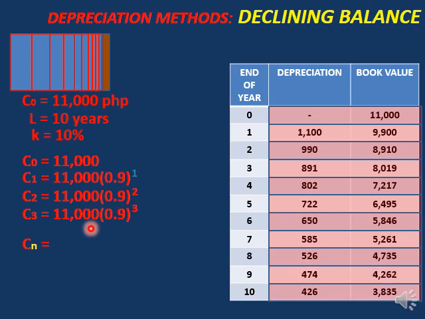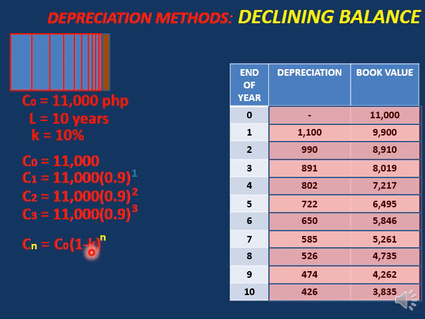In general, if the life of the machine is n, then we can compute its book value at any period n as the original amount times the portion of the cost that is left, which is equal to 1 minus 0.1, in this case 0.9.